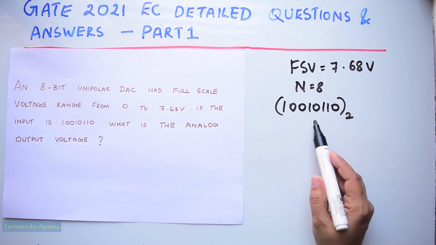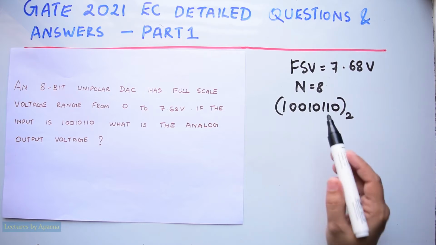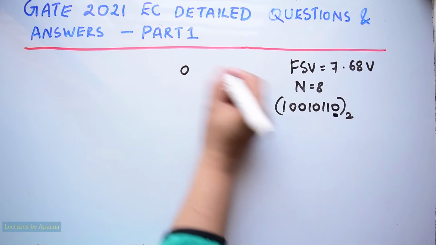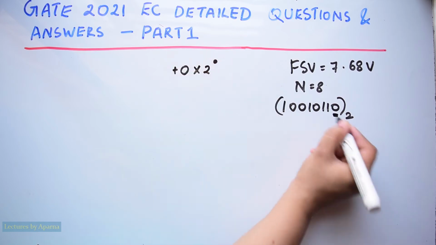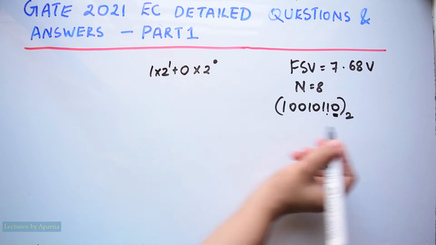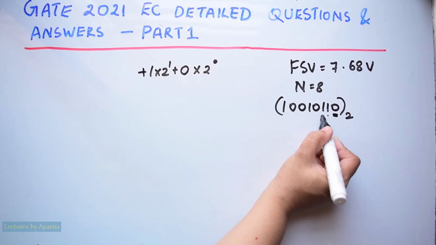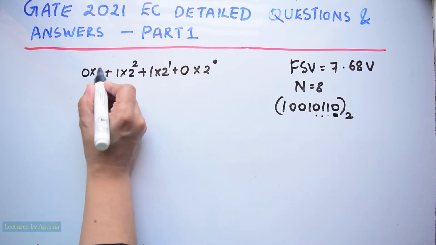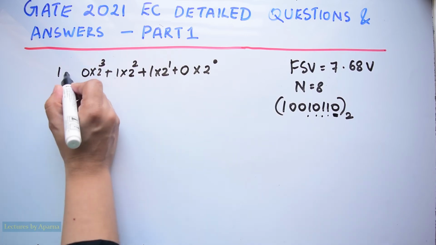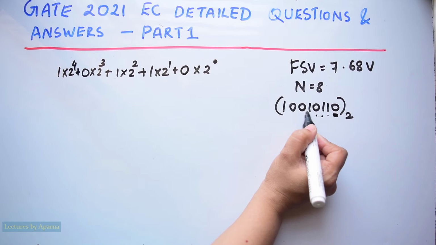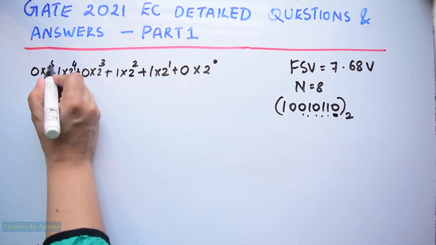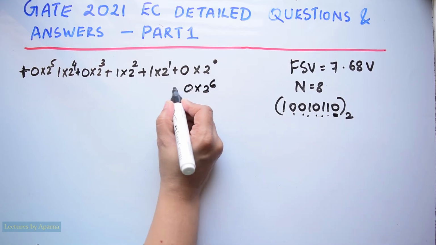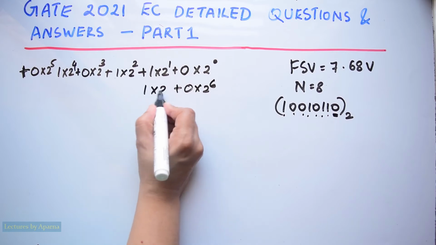So first we have to convert this binary digital input into a decimal value. We can write 0 into 2 raised to 0 plus 1 into 2 raised to 1 plus 1 into 2 raised to 2, 0 into 2 cube, 1 into 2 raised to 4, 0 into 2 raised to 5 plus 0 into 2 raised to 6 plus 1 into 2 raised to 7.